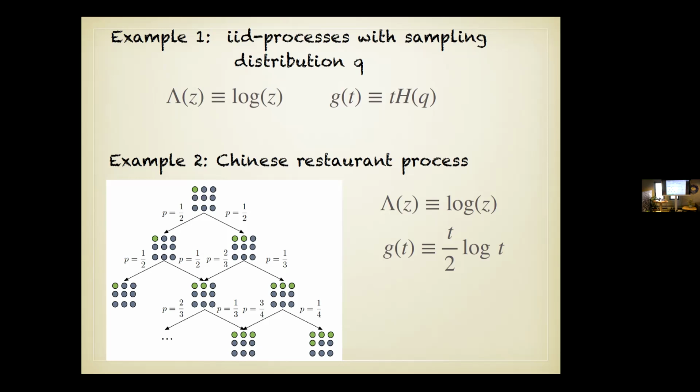If you have some idea on how long your memory range is, for Markov you just need the latest observations, but you could make estimates of how long your typical patterns are, and then you can make some average over this. And this works very well. So we have this and this, which works very well. And here you even sometimes have the chance to do something analytically, which is also a nice feature.